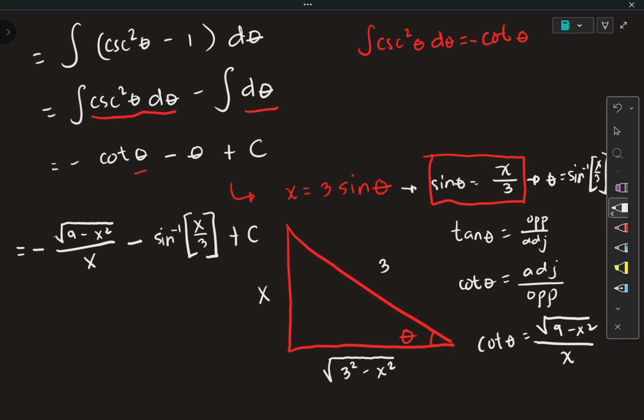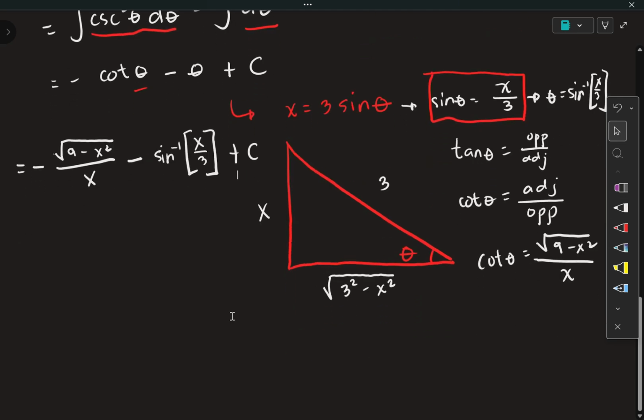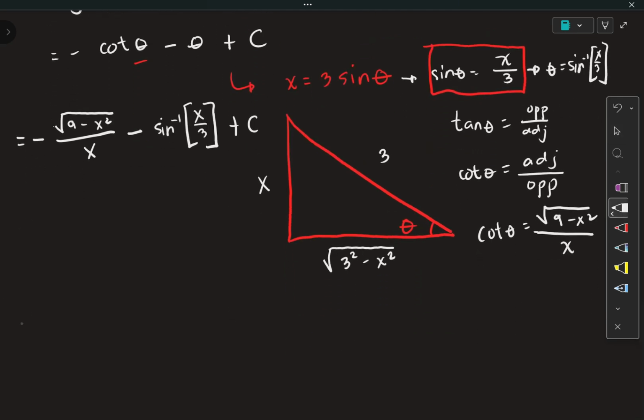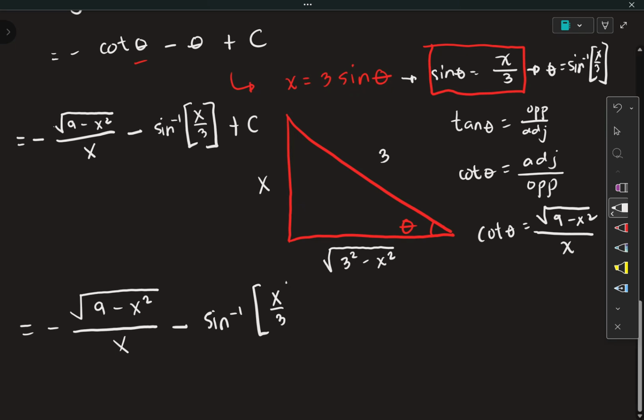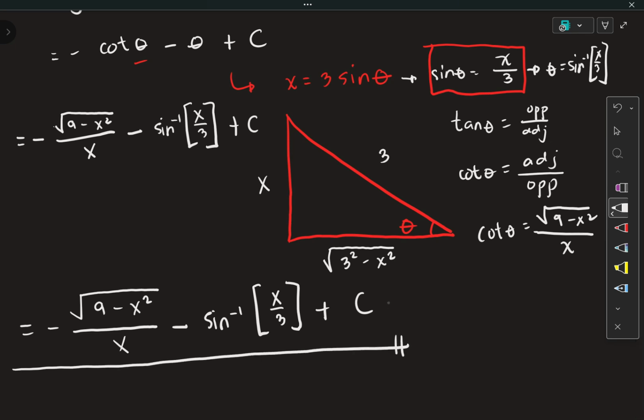So our final answer is negative square root of 9 minus x squared over x, minus arc sine of x over 3, plus c. This will be our final answer.